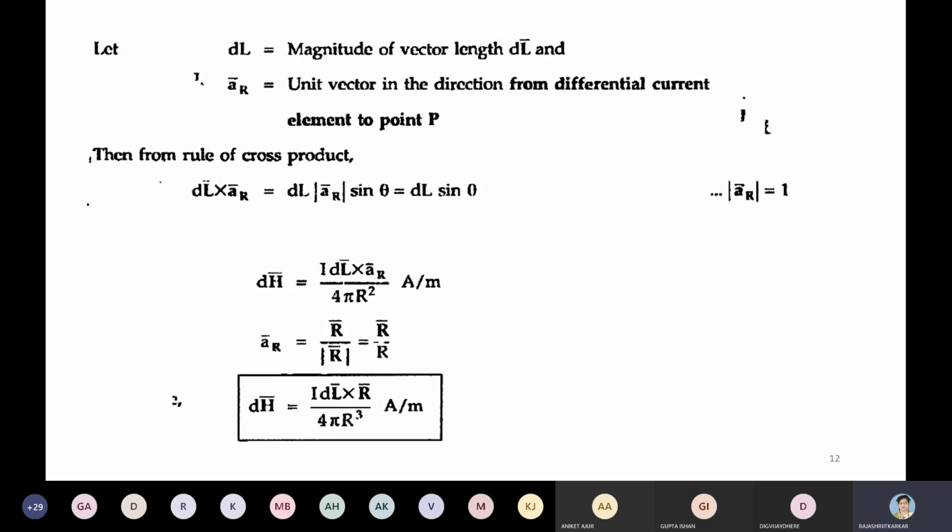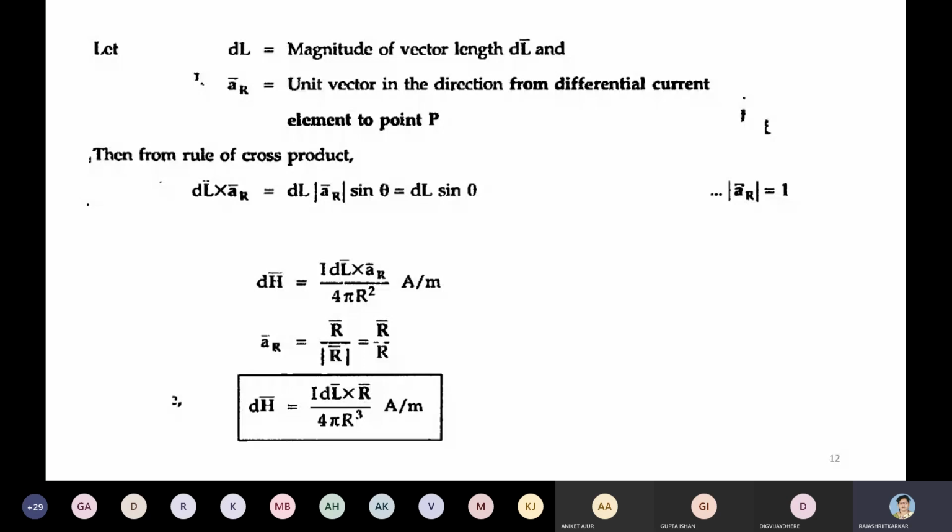Now for the unit vector calculation, we know that it is the vector upon the magnitude of the vector, and substituting this unit vector value in the equation, we have dH is equal to I dl cross R bar upon 4 pi R cube. So this is the final Biot-Savart law for magnetostatics.